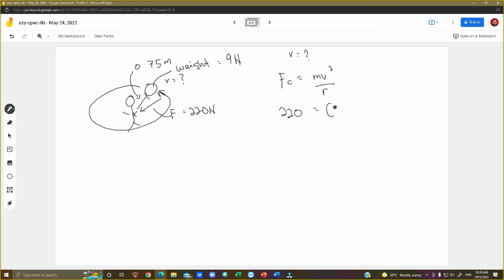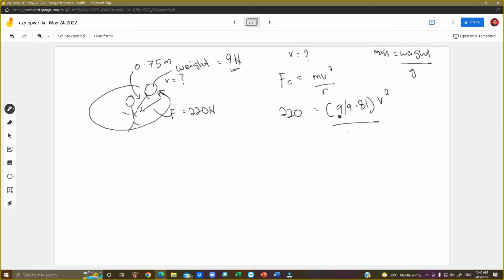220 equals 0.75 V square over... silap, sorry. It will be 9 over 9.81, pasal berat ni dia bagi dalam Newton. This one is mass. So mass is weight divided by gravity.